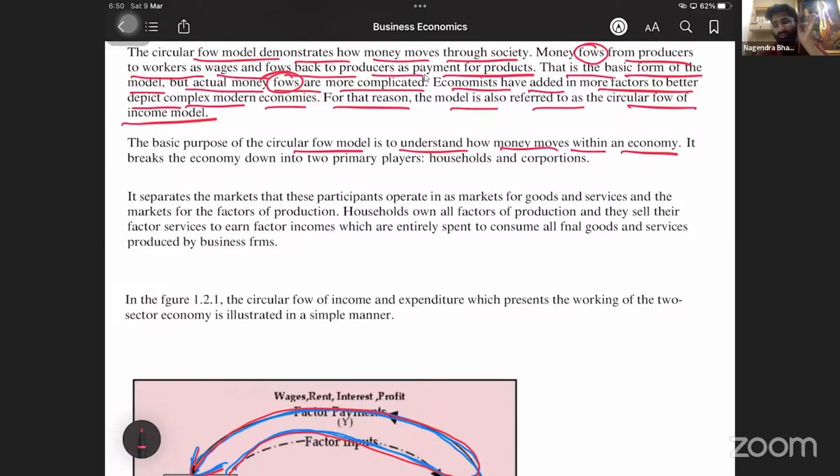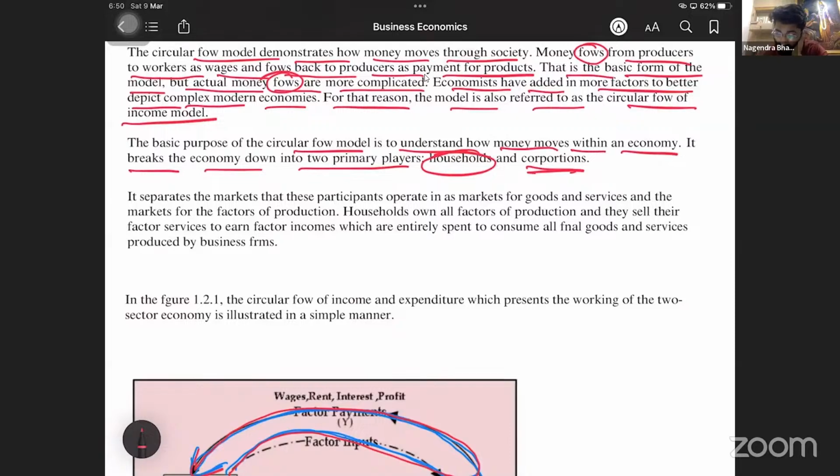It breaks the economy down into two primary players, household and corporations, nothing but firms.